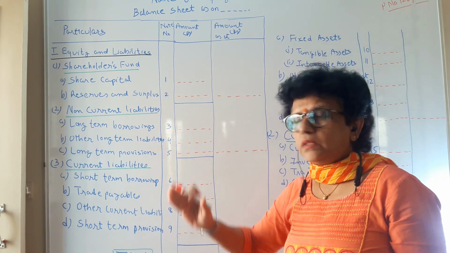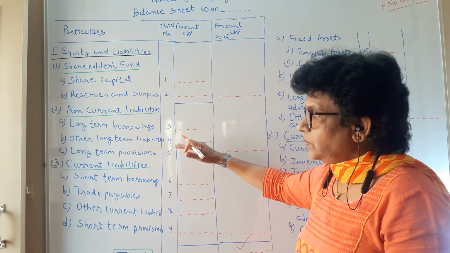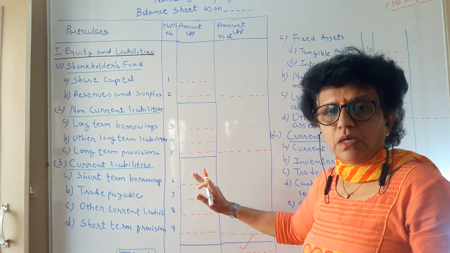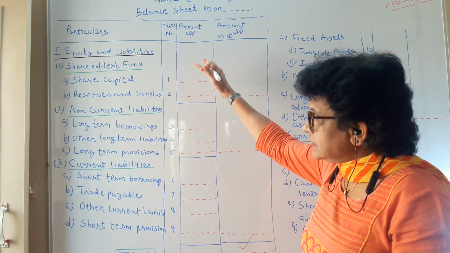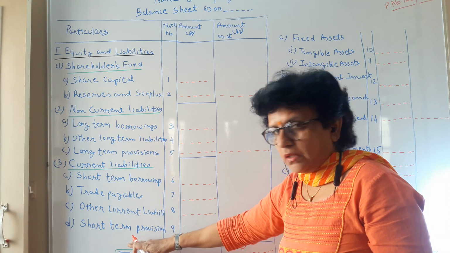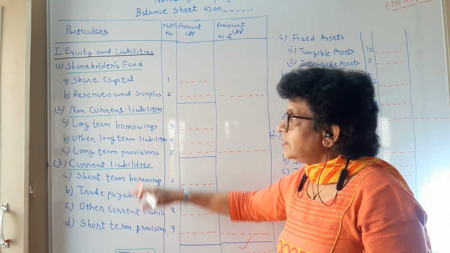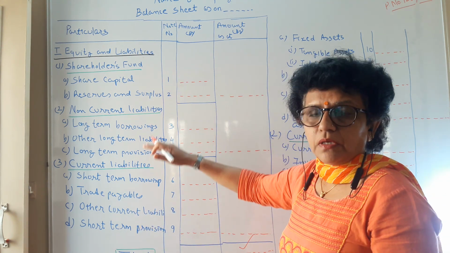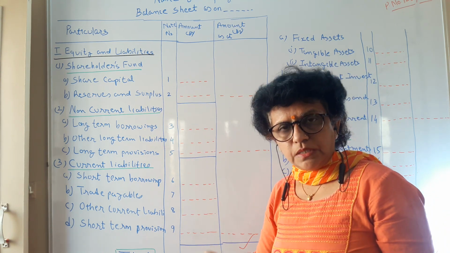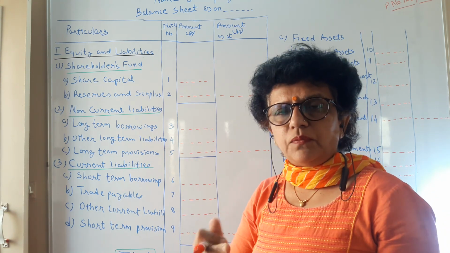You must know the sequence of the particular item which has to be placed at a particular place. It has the sequence. You cannot write shareholder fund at the bottom or you cannot write current liability at the top or the middle. It has a precise structure which is given in the Companies Act and we need to follow.